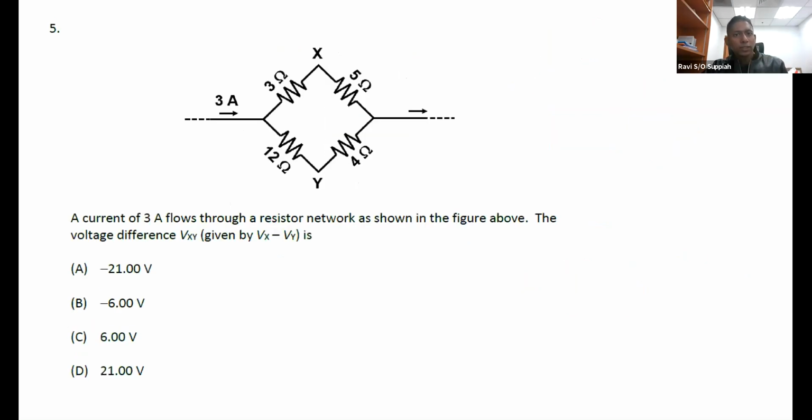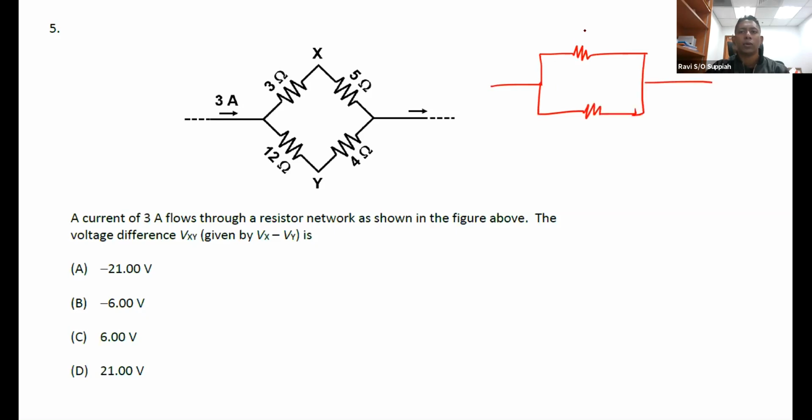So this question, again, is something similar to what we saw just now. In this case, you don't necessarily need to combine and find the total resistance because you know the current. One way is you just combine the two branches, the series.